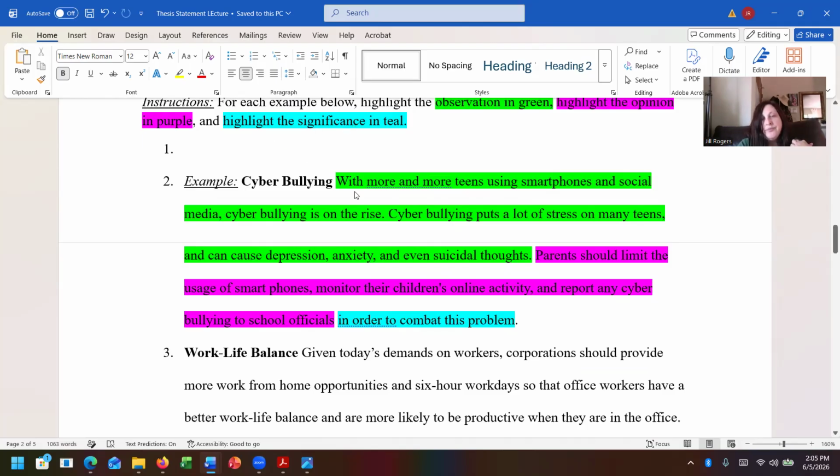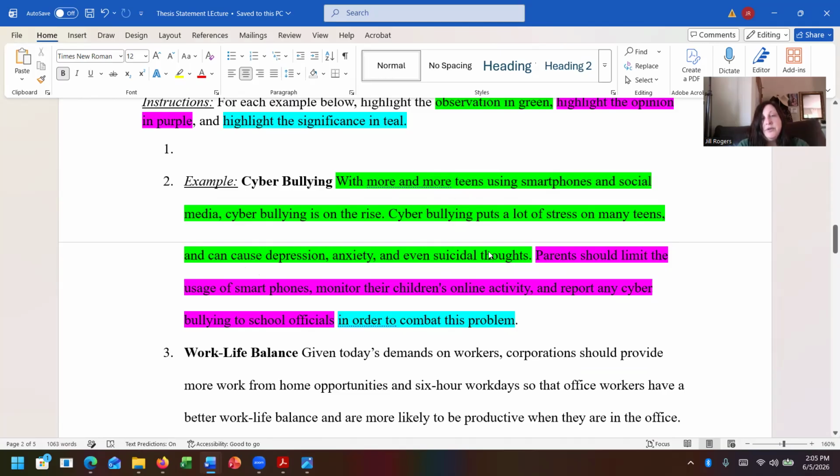Okay. So the first example is the topic is cyberbullying. Sorry, this in bold is just the topic. So let's take a look at the observation. The observation is with more and more teens using phones and social media, cyberbullying is on the rise. Cyberbullying puts a lot of stress on many teens and can cause depression, anxiety, and even suicidal thoughts.